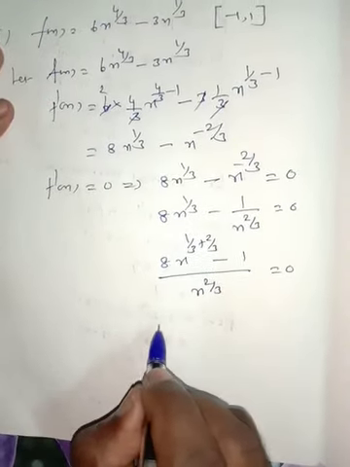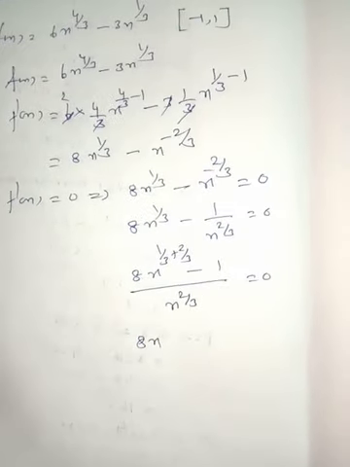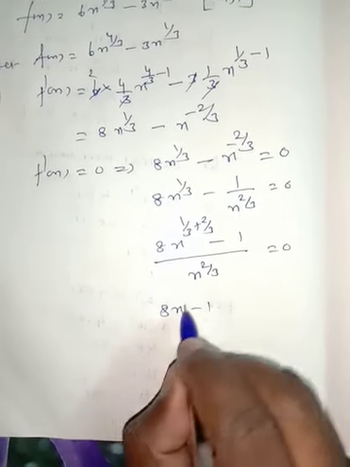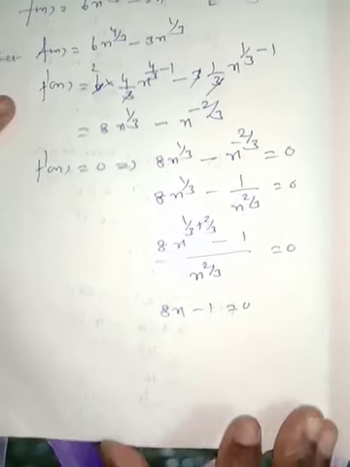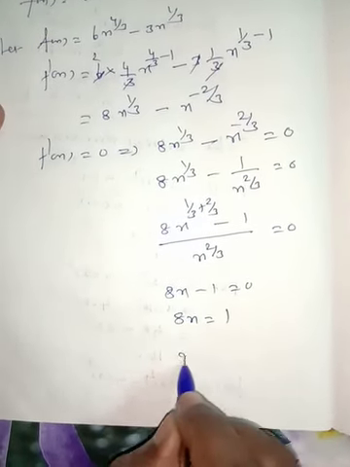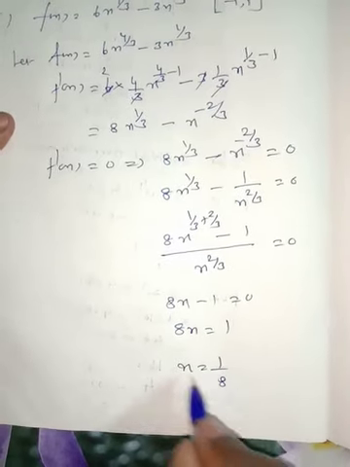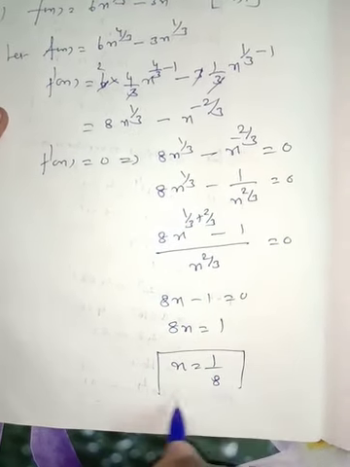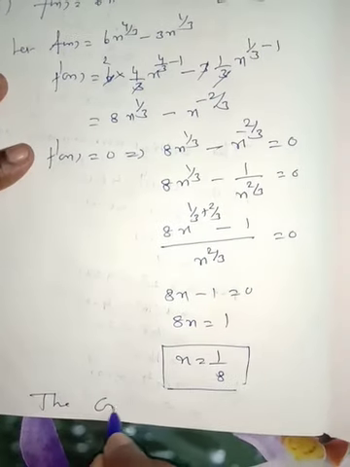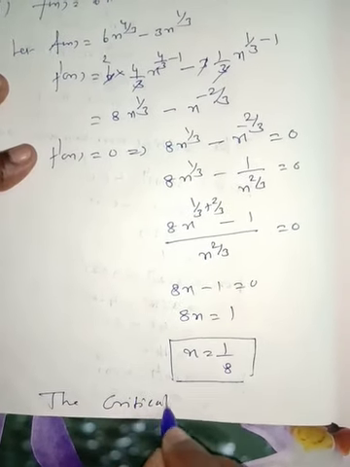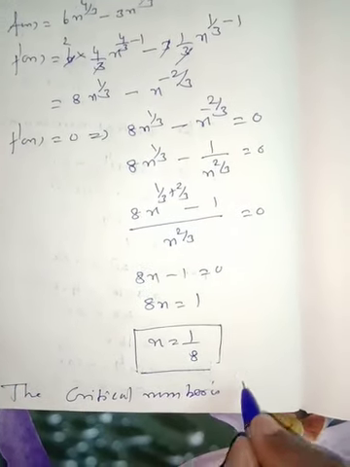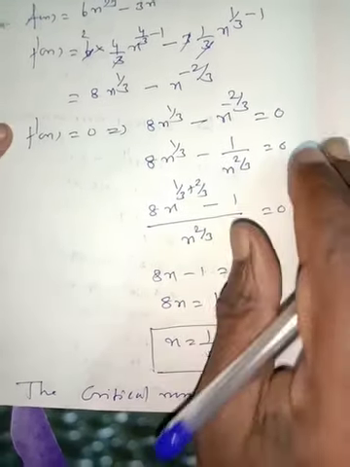This means 8x minus 1, cross multiplying, equal to 0. 8x is equal to 1, x is equal to 1 by 8. This is called a critical number. The critical number is 1 by 8.